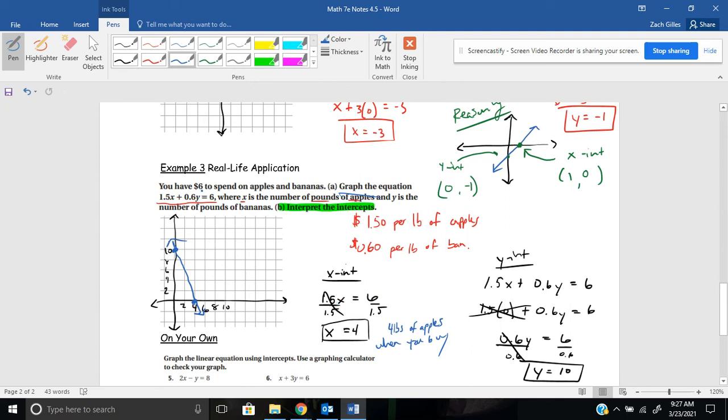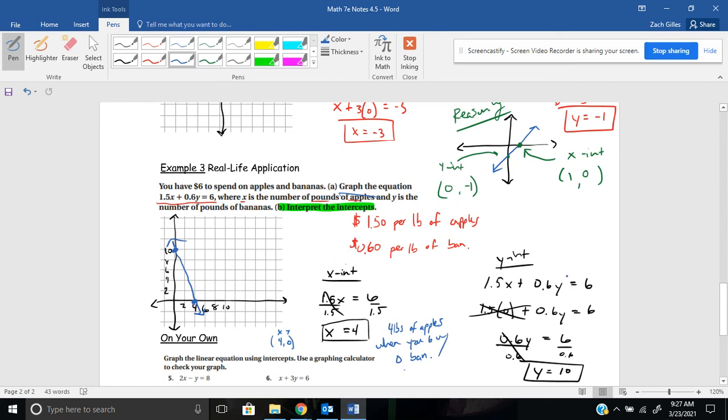So I wouldn't have any money left over. So that would be 4 pounds of apples when you buy 0 bananas. And if you look at this point, it's 4, 0. My x, which stands for apples, is 4 pounds, and my y is 0. So I buy 0 bananas if I buy 4 pounds of apples.